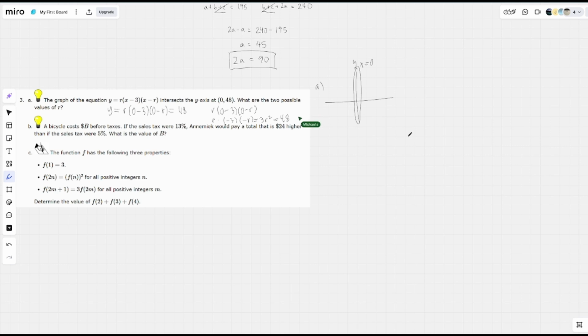So that means r squared, we divide both sides by 3 because we want to isolate the variable, we get r squared is 16. And the two possible values are just the values where r squared equals 16, so it's plus or minus 4.